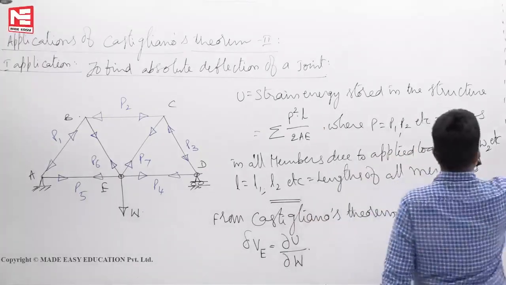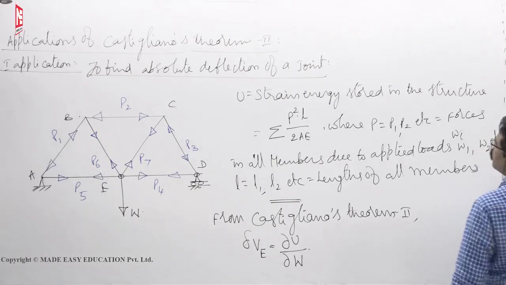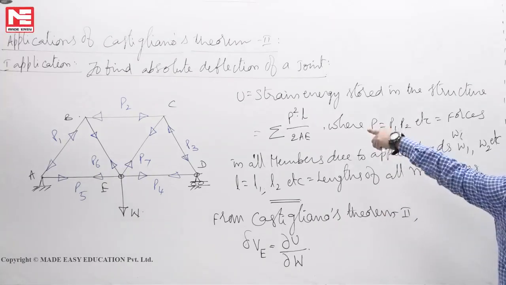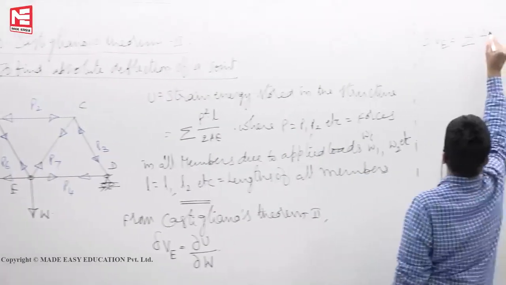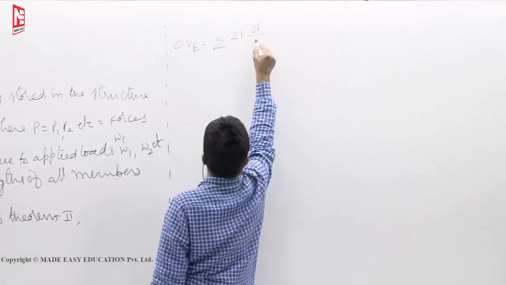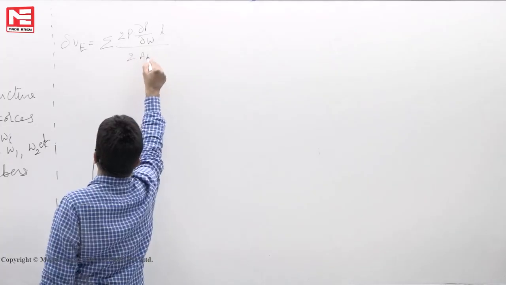Now what will we get here? Delta VE is equal to dou U by dou W, so you differentiate that P square. P square gives 2P, and P differentiated with respect to W, you have to write, times L by 2AE.